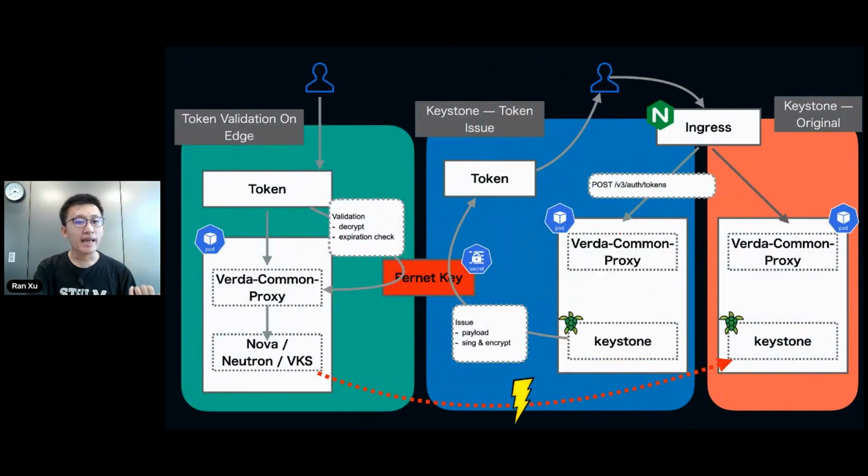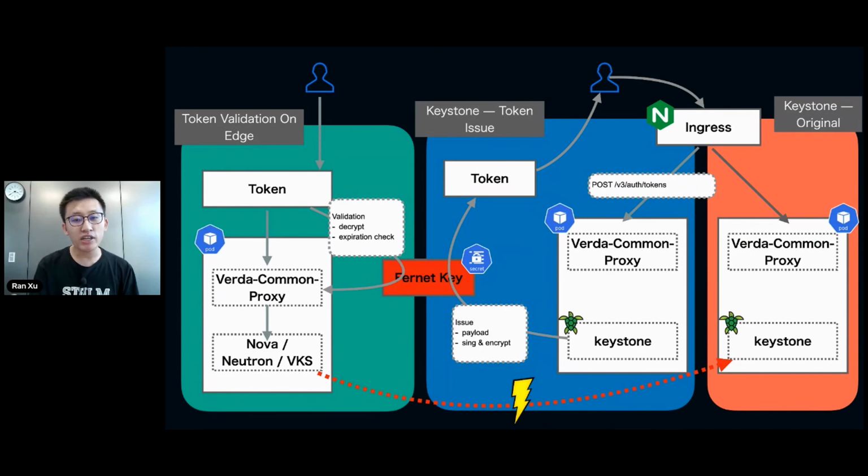So here is the desired workflow of a stateless token validation on the Verda Common Proxy side. You can see here, once two improvements are planned and introduced, we can release the original Keystone service that includes our business logic anytime without affecting the authentication functionalities on the left side of this graph.